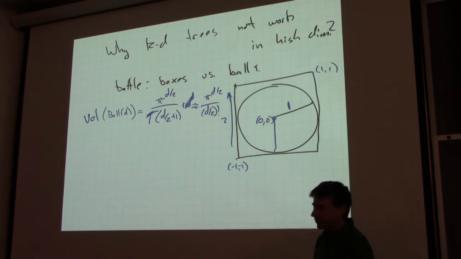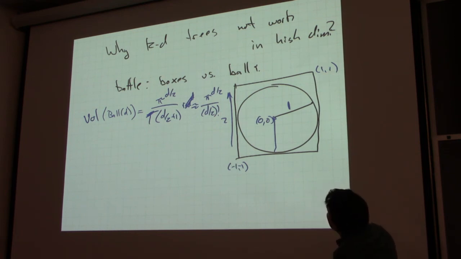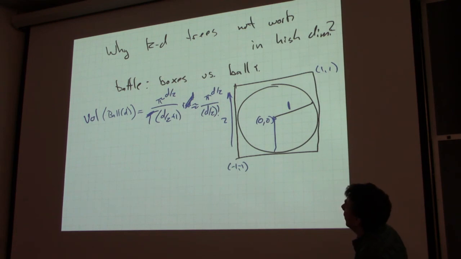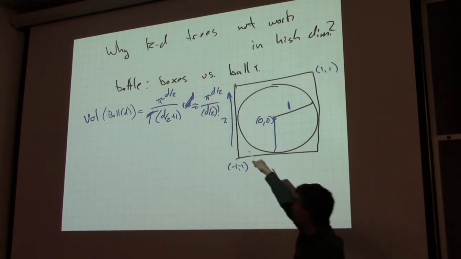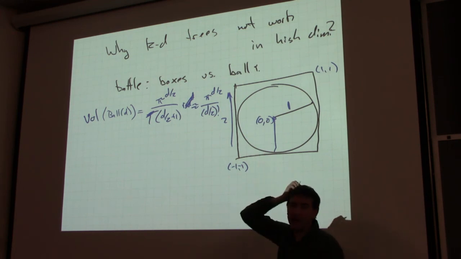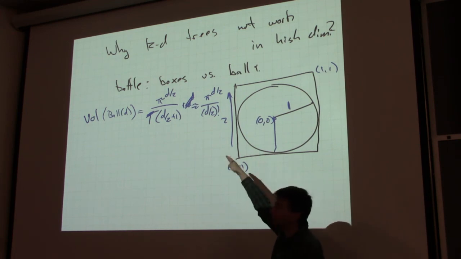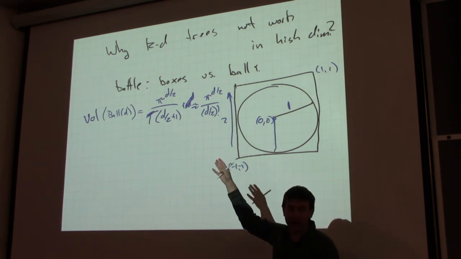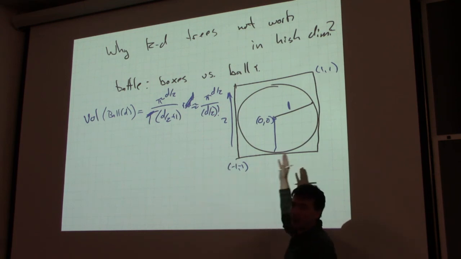Okay? What does this number look like? Does this get bigger or smaller as d gets larger? Smaller. Gets smaller, right? They're both essentially multiplying d over 2 things together. On the top, each term is pi. On the bottom, the first couple terms are smaller than pi, but then they get bigger than pi, right?